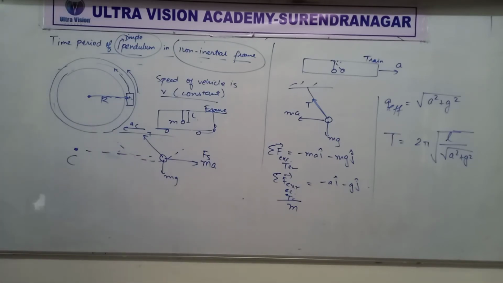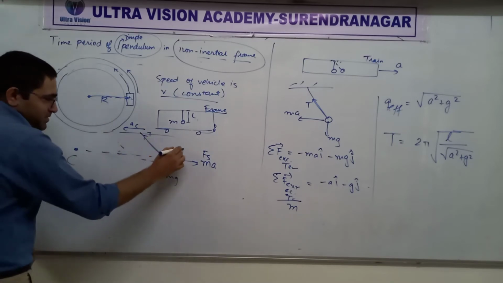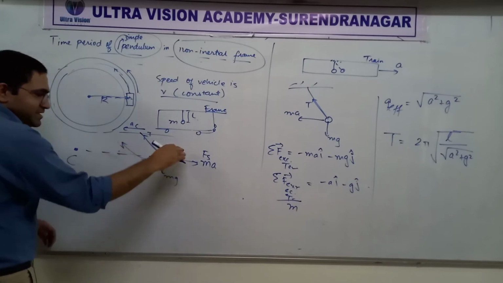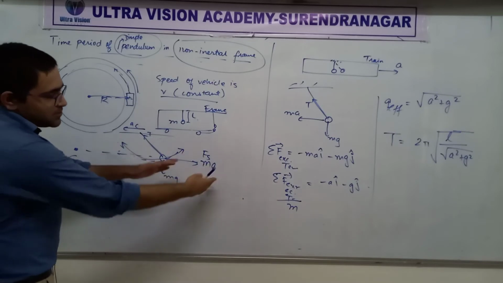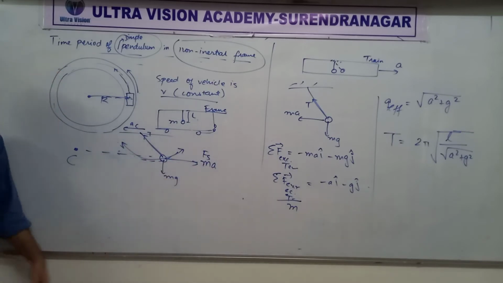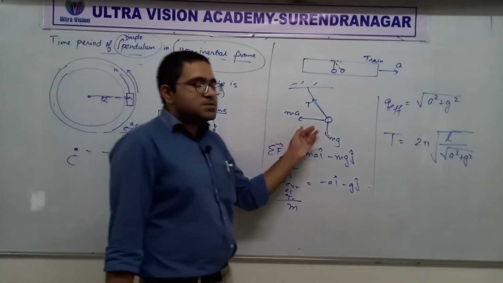Centripetal acceleration towards the center, that is towards the left side. The pendulum is oscillating in line of center, and the pseudo force is opposite to that. So it's a similar situation, isn't it, like we solved it earlier.